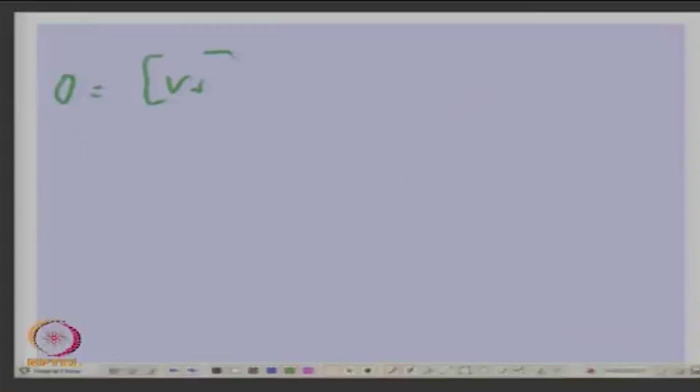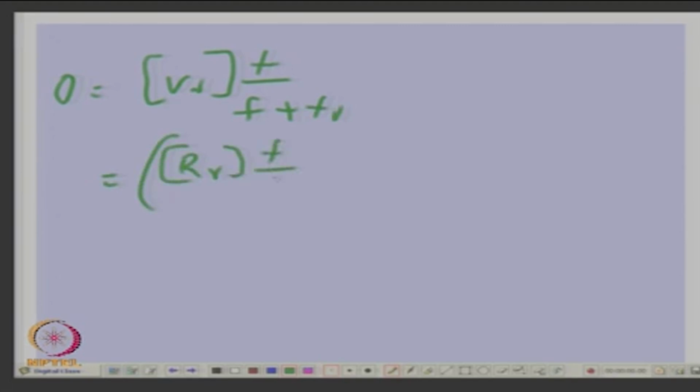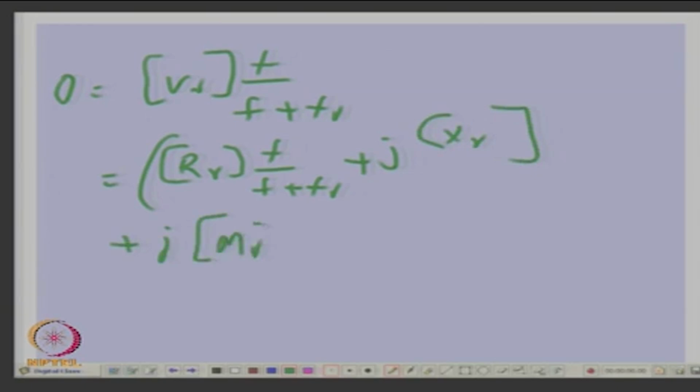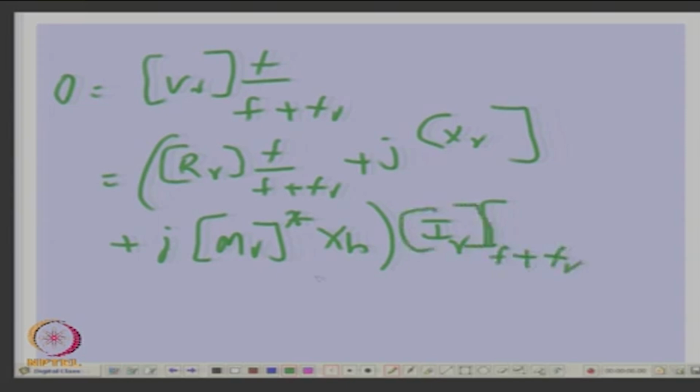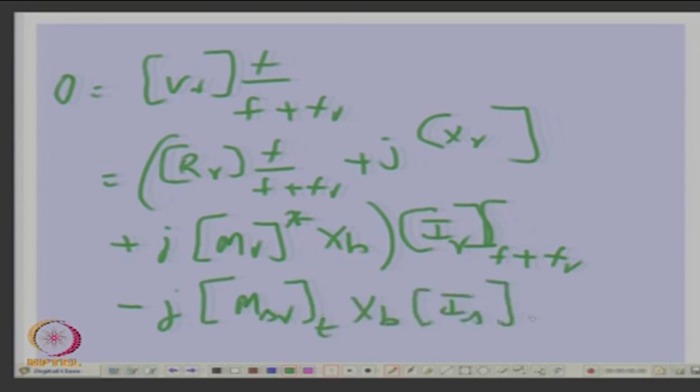So, basically you have to write 0 equal to Vr f over f plus fr equal to Rr f over f plus fr plus jXr plus j times Mr star Xb into IR f plus fr minus j times MSR transpose Xb into Is f.